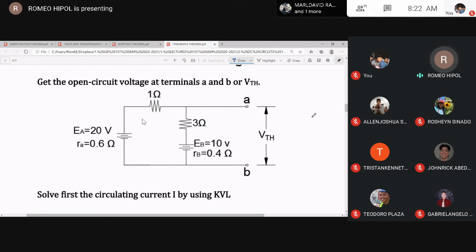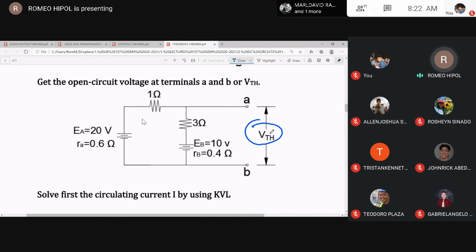Actually, it is the equivalent voltage drop or terminal voltage at the isolated terminal of the RL or load resistance. So, from terminal AB, kunin natin yung equivalent Thevenin's voltage. So, how to compute for Thevenin's voltage? So, you can apply KVL to calculate the Thevenin's voltage.